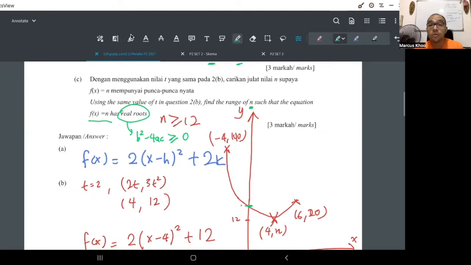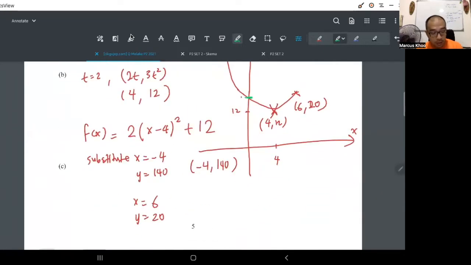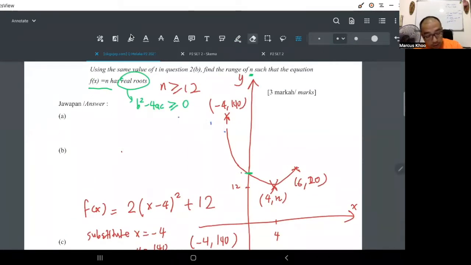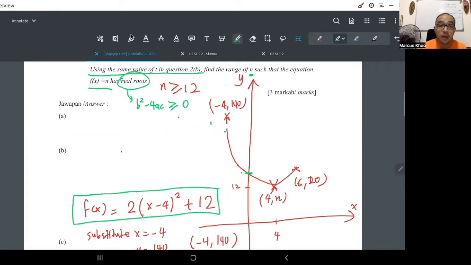Okay, so of course this one, kita kena kembangkan inilah. So we are going to use this equation, okay, because dia cakap use the same value of t in question 2b. Okay, so use the same equation, tapi dia cakap f(x) equals n. So 2(x minus 4) squared plus 12 equals n.